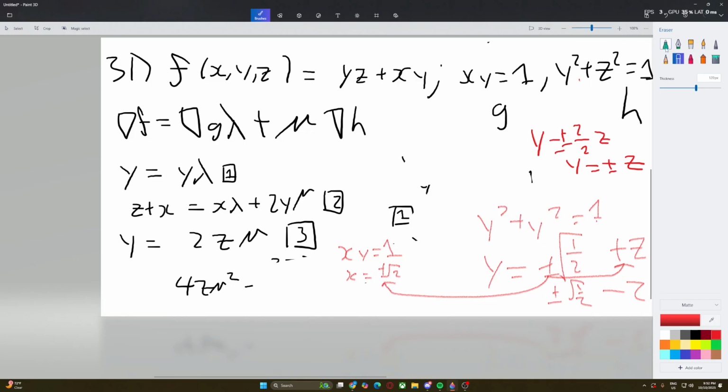Alright, so to fill this constraint, x has to equal the same sign as y, so 1 over y, but y is equal to plus or minus z. So do you understand it now?